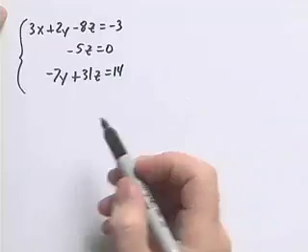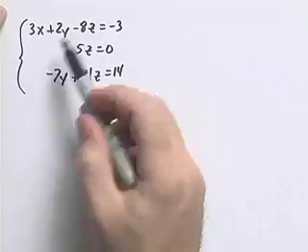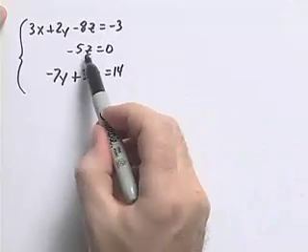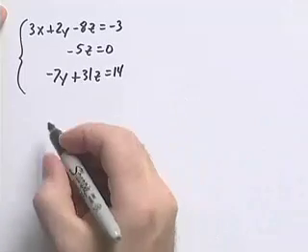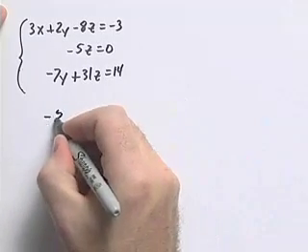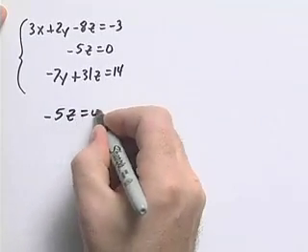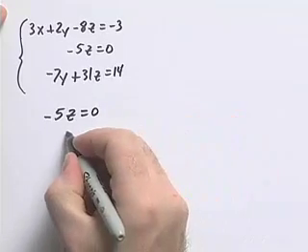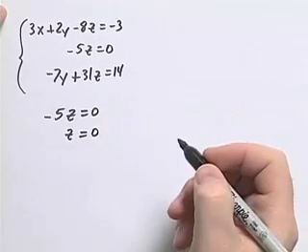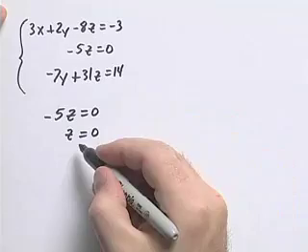We're now going to use our new system of equations to solve this problem. If we look at our system, we see that this second equation only involves one variable, so we can easily solve that for z. Negative 5z equals 0. If we divide both sides by negative 5, it gives us z is equal to 0. So now we know what the value of z is.